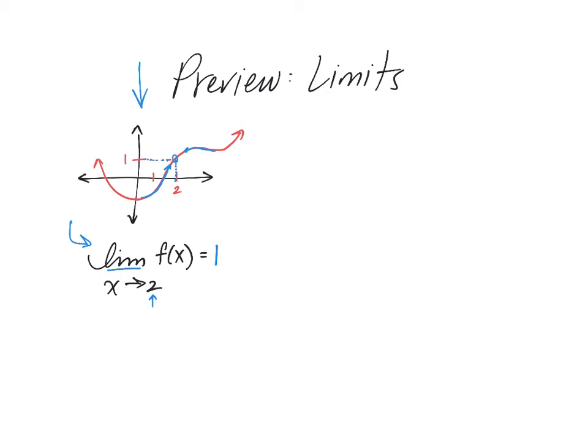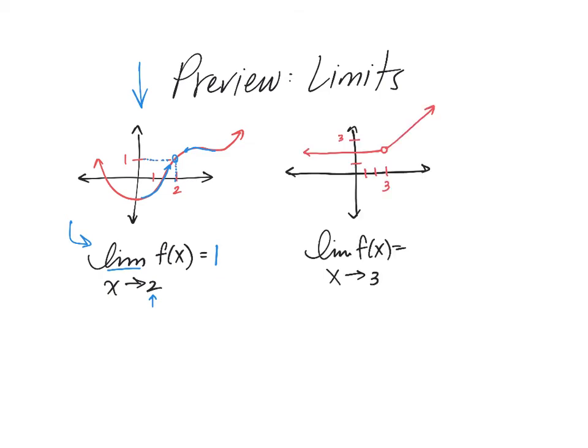Pretty easy, right? Well, it gets a little more complicated. So here's another example. Not as nice of a function. As you can see, this has a hole in the function. So it looks like we have a constant slope of 0, and then we have a constant positive slope. And where those two branches come together, we have a hole. Now, again, the limit is what you would predict it to be, not necessarily what it is.